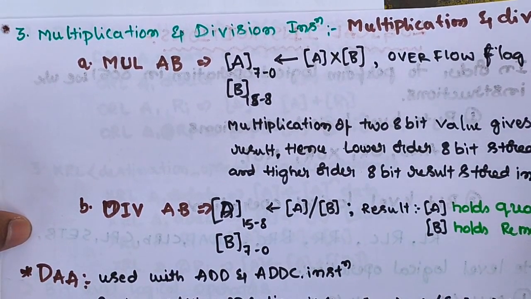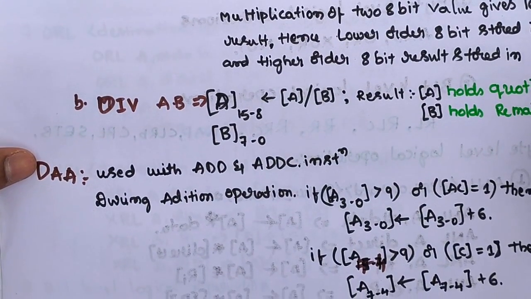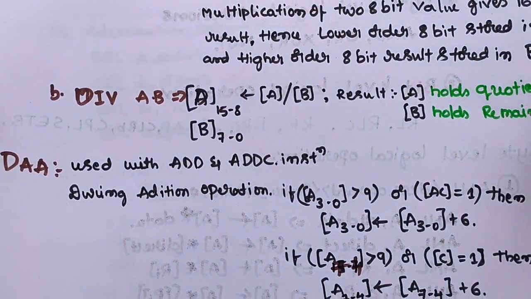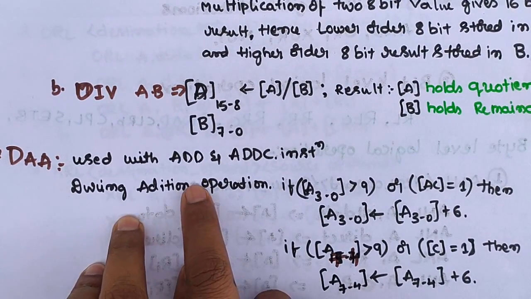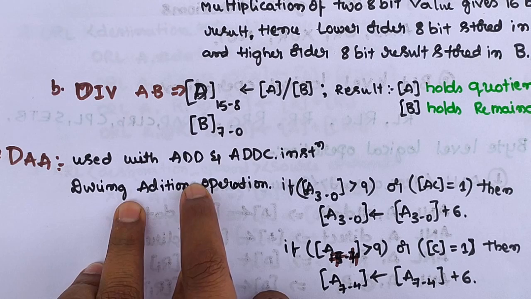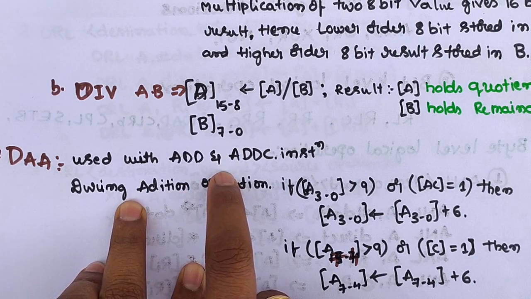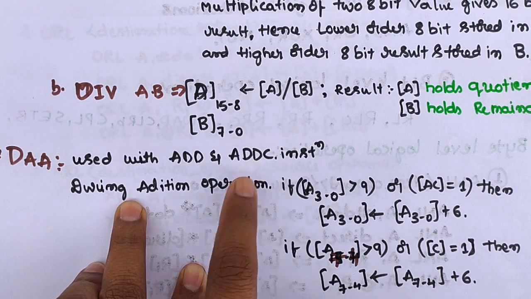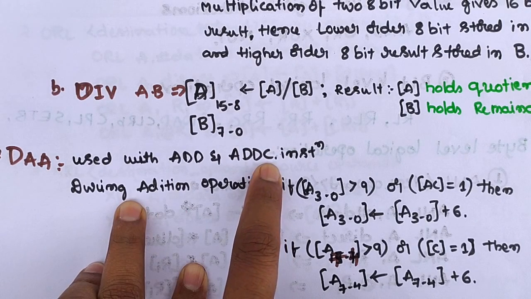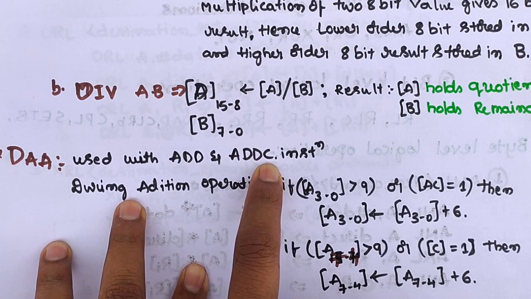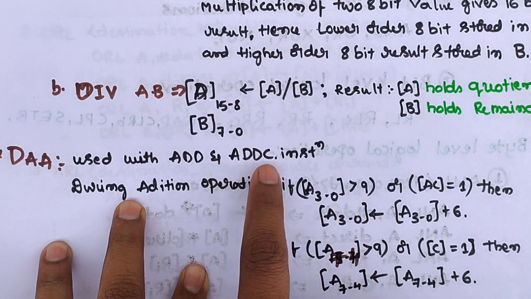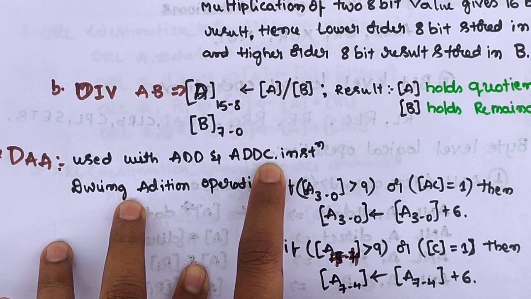One more important instruction we are studying in 8051 addition operation is the DAA instruction. It is used with the ADD and ADDC instructions, because during conversion of binary information to BCD, we can specify only the values 0 to 9. After 9 you would represent with alphabets.